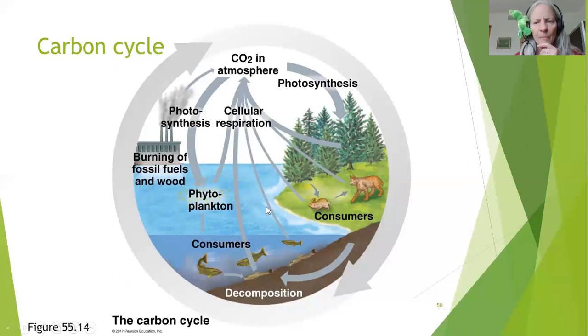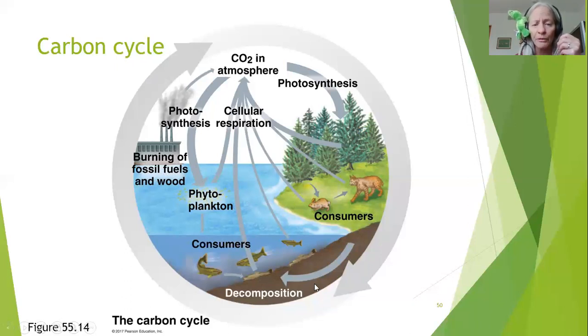And then many of these biogeochemical cycles are affected by humans. So what's the main thing humans do that affects this biogeochemical cycle is that we burn wood, which releases carbon dioxide into the atmosphere, and it reduces the number of producers that are taking carbon dioxide out of the atmosphere. And we burn fossil fuels.